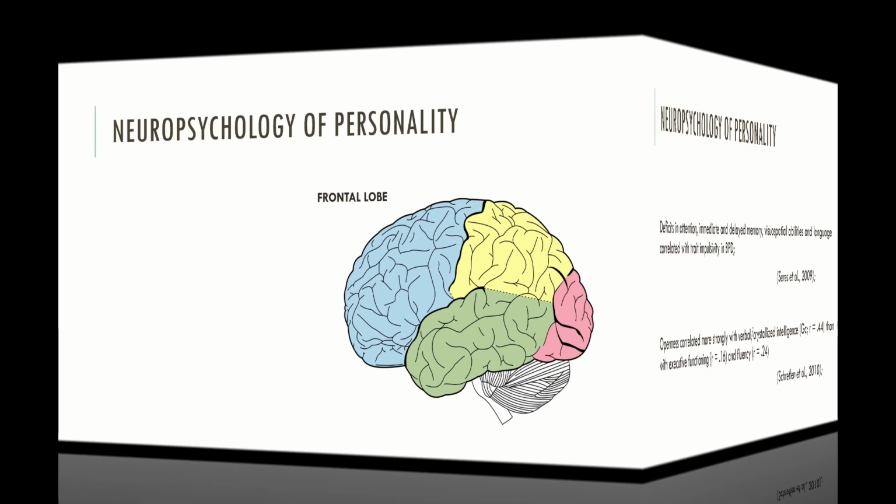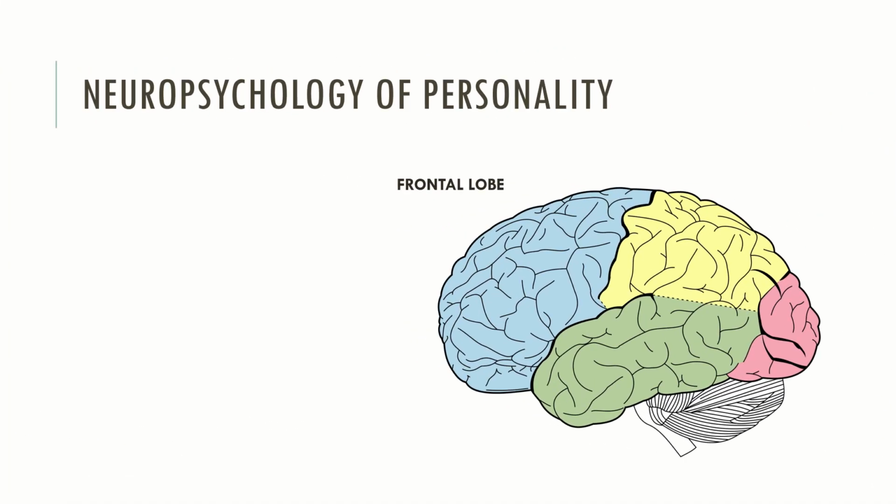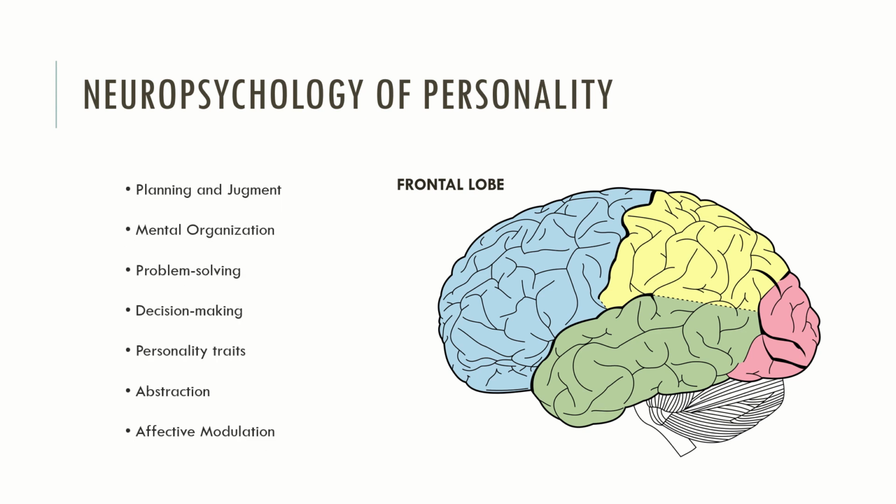So, as I said before, some personality traits may be correlated with the frontal lobe. Typically, we are talking about planning and judgment, mental organization, problem-solving abilities, decision-making abilities, abstraction, and affective modulation. The frontal lobe tends to be described as the major neuronal structure associated with personality and personality traits. However, we can trace other personality traits to other brain structures, okay?